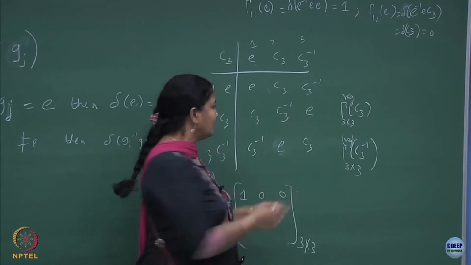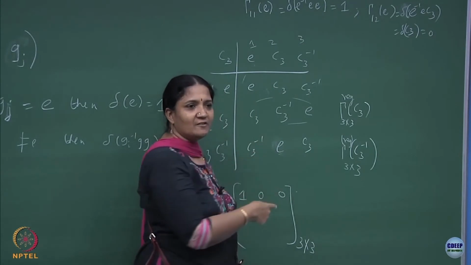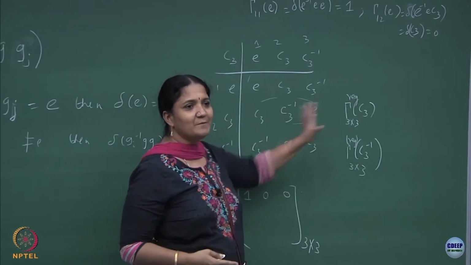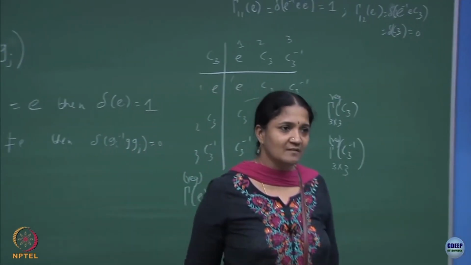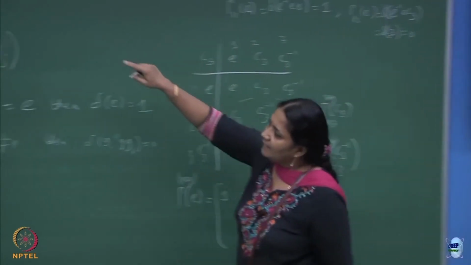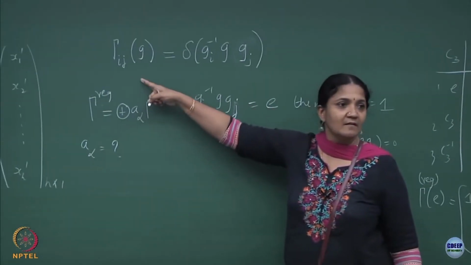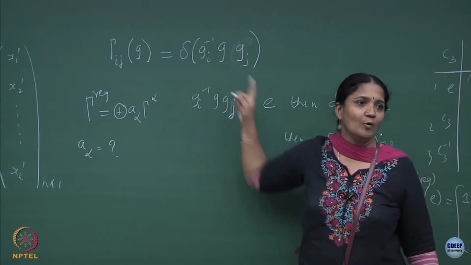So any row or any column is a permutation of the elements of the group. That is what the regular representation captures, and formally we could say that the regular representation elements can be obtained by using this procedure.